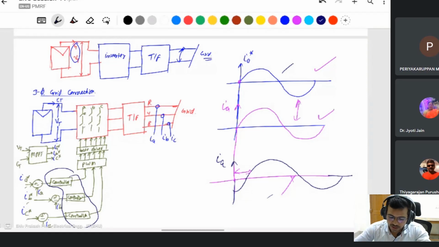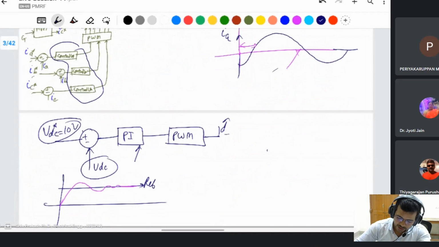To make it easier, the whole three phase AC system is converted into an equivalent constant DC signal, to control this type of signal.